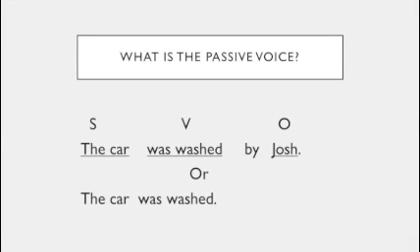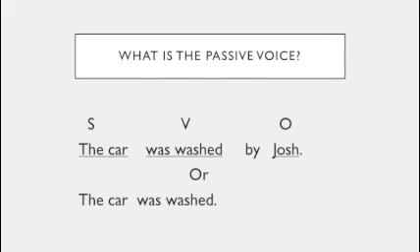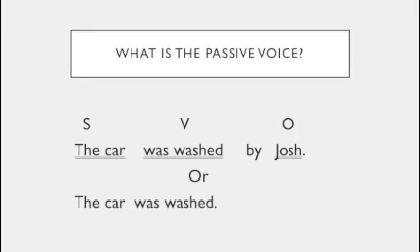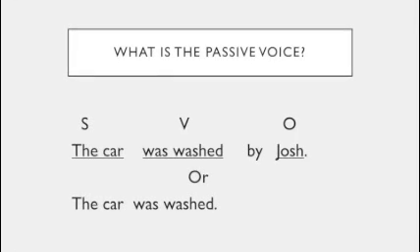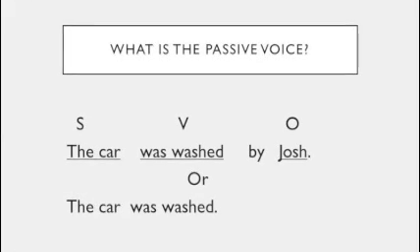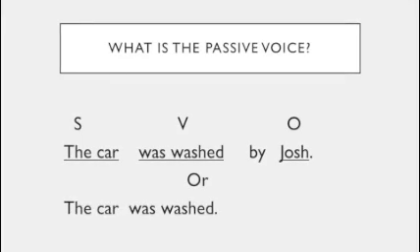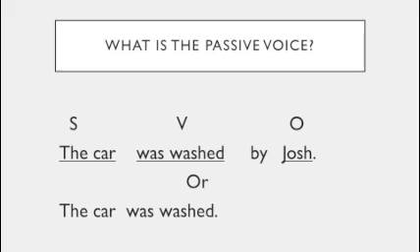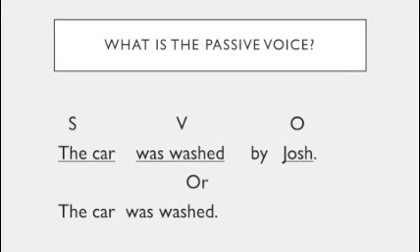Another example is this, the car was washed by Josh. Again, the focus is on what is being done rather than who is doing it. So the car is the subject, the verb was washed by Josh. And then, as with all sentences, you could or could not include the object. So in the second sentence, the car was washed, does not include an object.